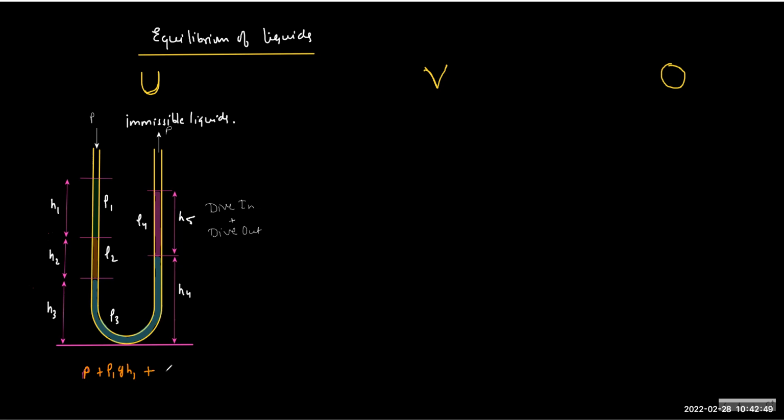Plus rho 2 g H2. And then next, rho 3 g H3.